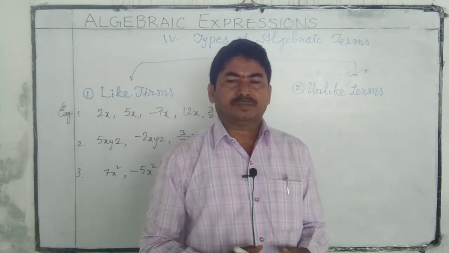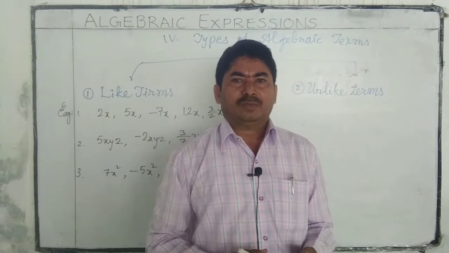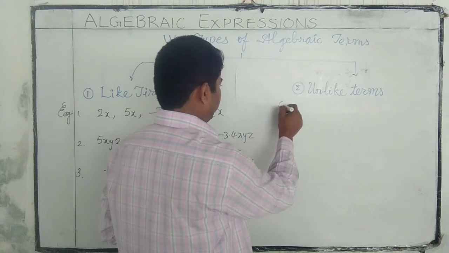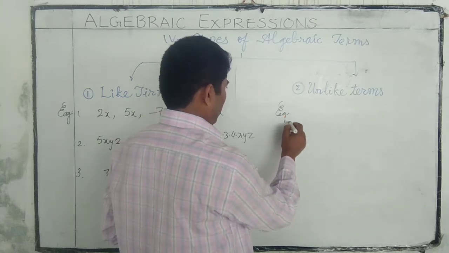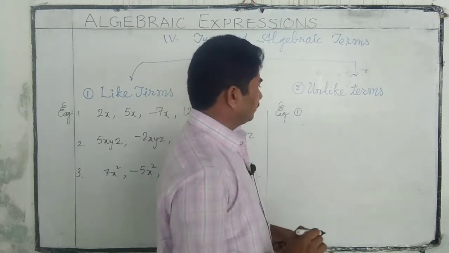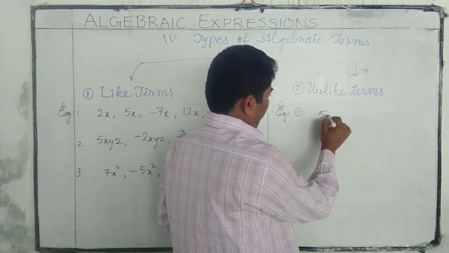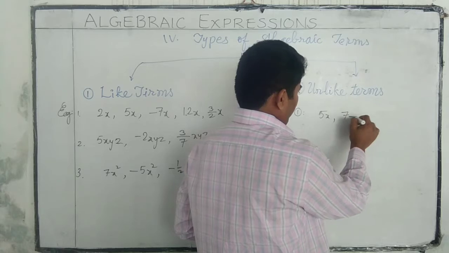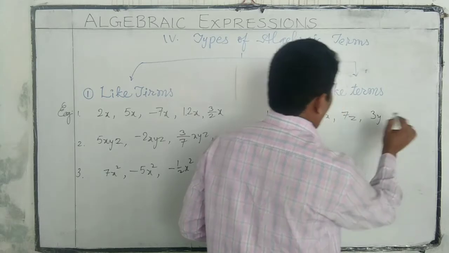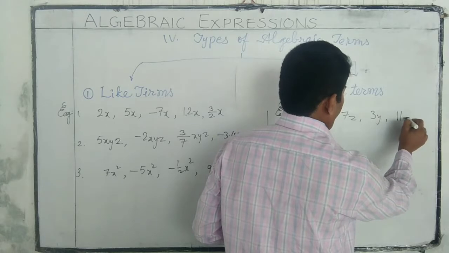Next, unlike terms. What are unlike terms? Terms having different variables are called unlike terms. Let us observe few examples. Five x, 7z, 3y, 11x.